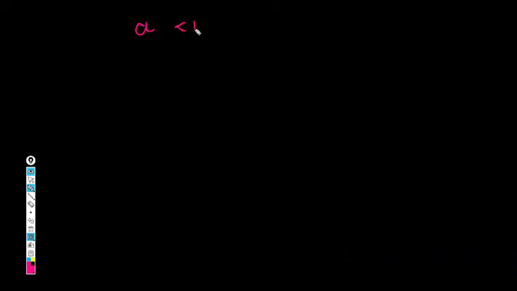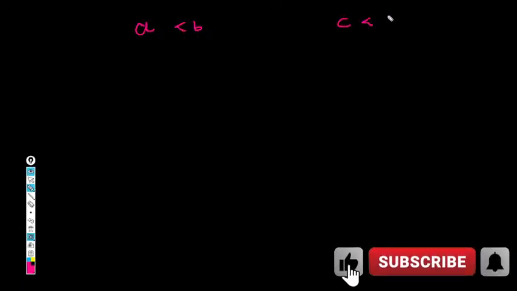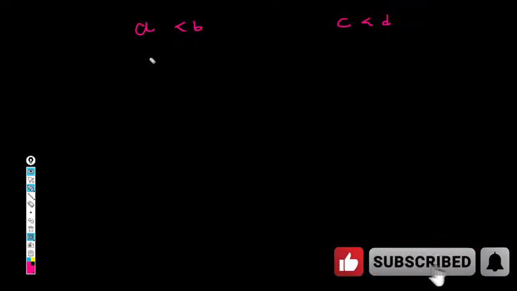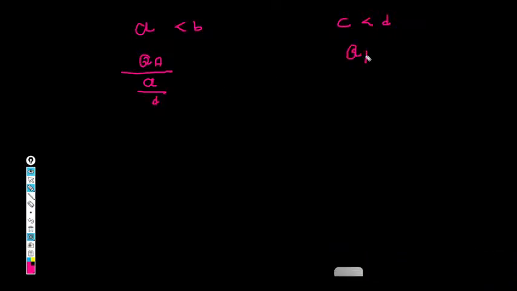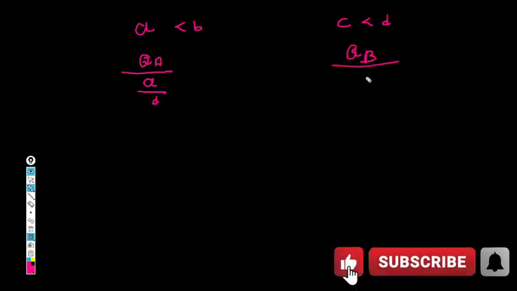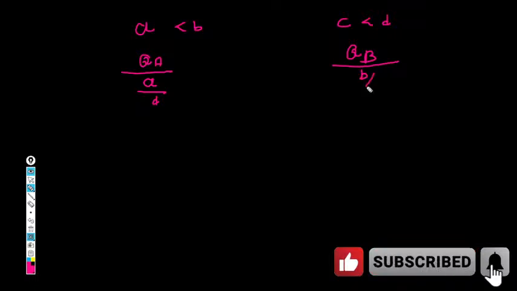Guys, again. A is less than B. C is less than D. Quantity A is given like A by D. Quantity B is given like B by C. When I know both are positive numbers, I'll shift the values.